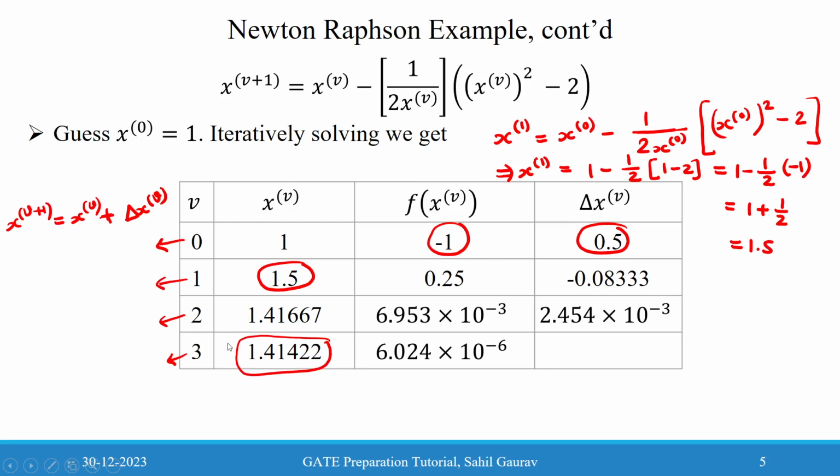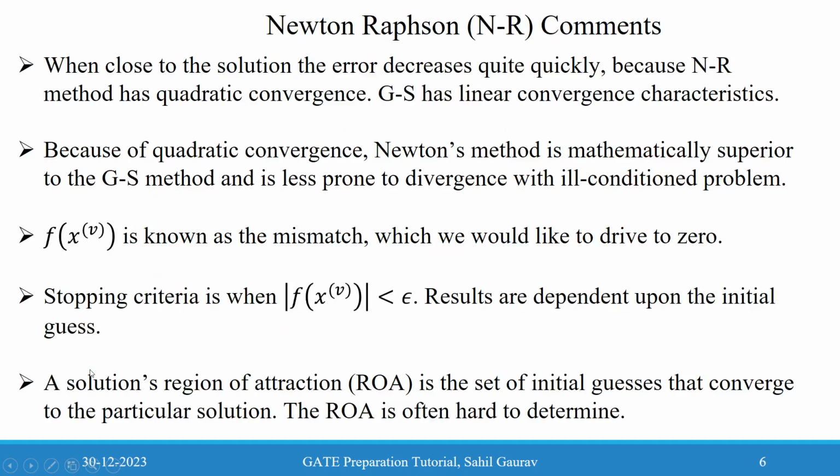If you see this f(x), what is the tolerance limit? Based on that we can say this is the final solution. So this is the basic of the Newton-Raphson method.